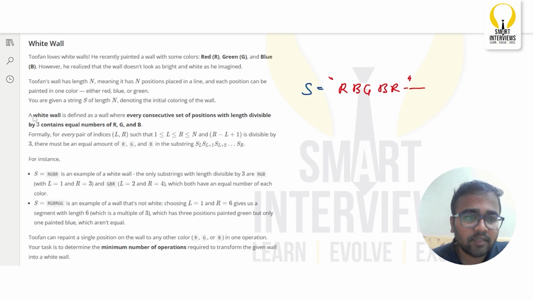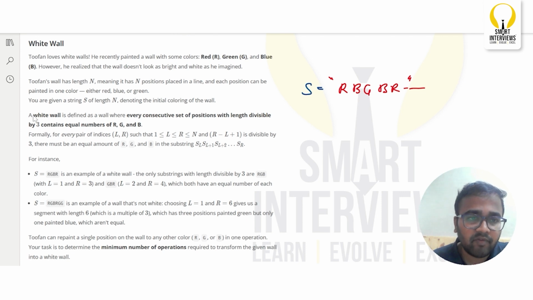A white wall is defined as a wall where every consecutive set of positions with length divisible by 3 contains an equal number of R, G and B. So this is considered a white wall if every consecutive set of positions has length divisible by 3, and the substring should have an equal number of R, G and B. So this is about this statement.